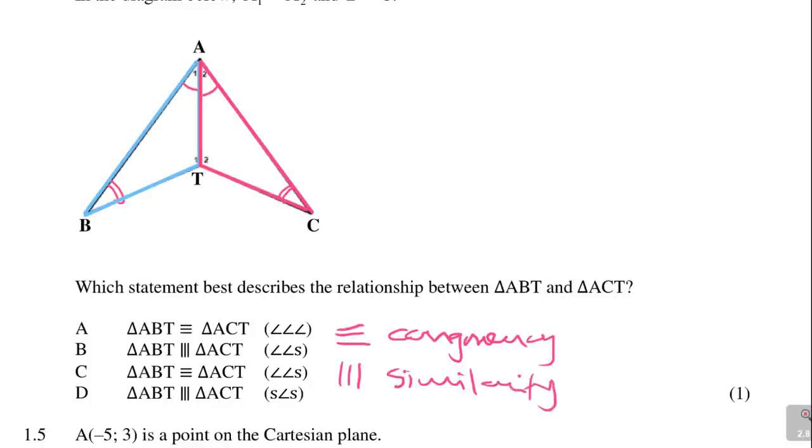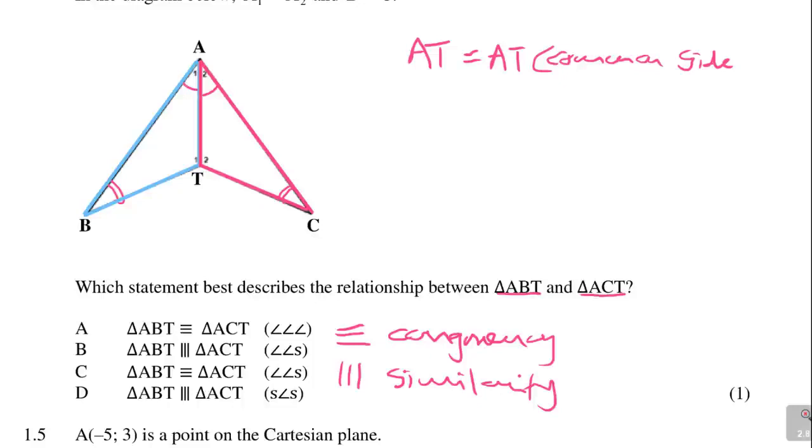Alright, let's start with the first one. We are going to say AT is equal to AT. See that they are sharing a common side. So we call that a common side in both triangles. In both triangle ABT and ACT, you can see that they've got a common side, which is AT.